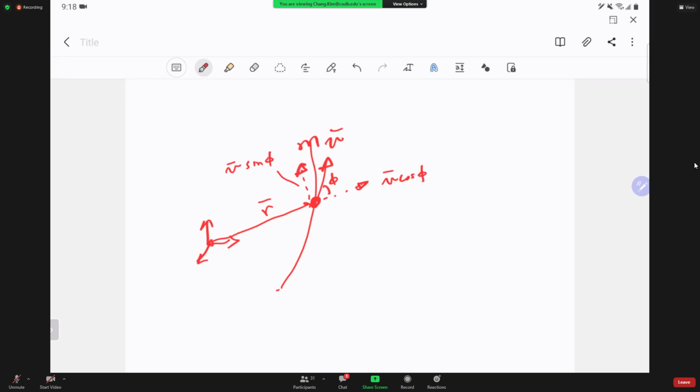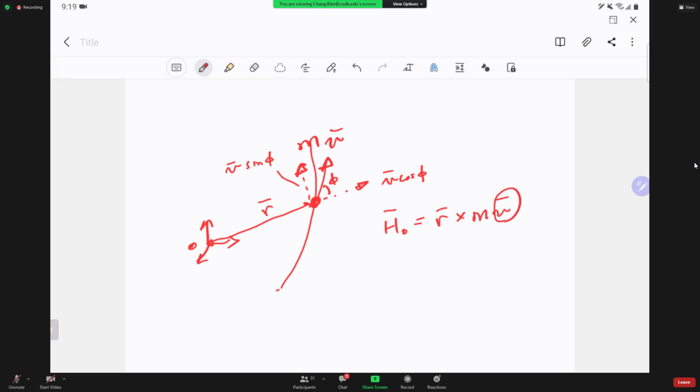If you were to take the angular momentum about this point O, so r bar cross m times v. Hold on a minute, the original definition would be m v.